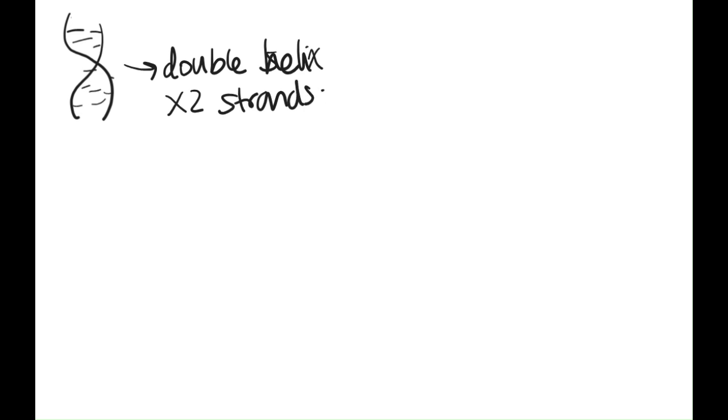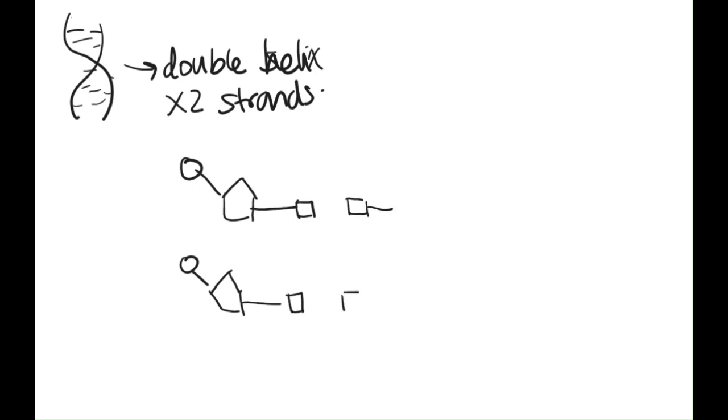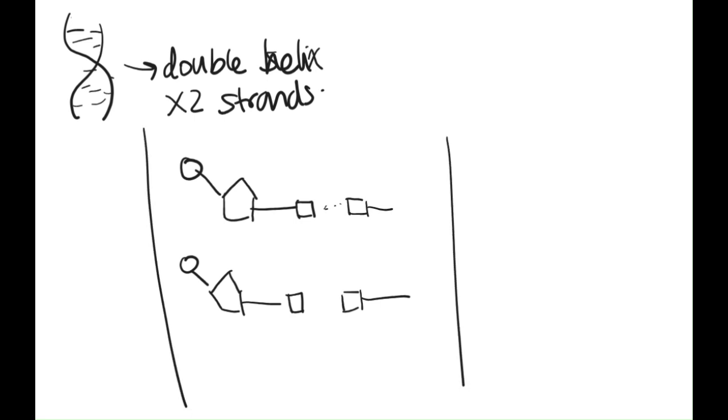These two strands are joined together by hydrogen bonds. So if I drew this one nucleotide and another nucleotide, this is one strand, this is another strand. The hydrogen bonds here are what keep them together in this structure to make it a double helix.